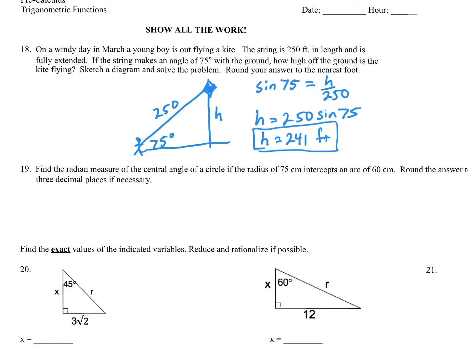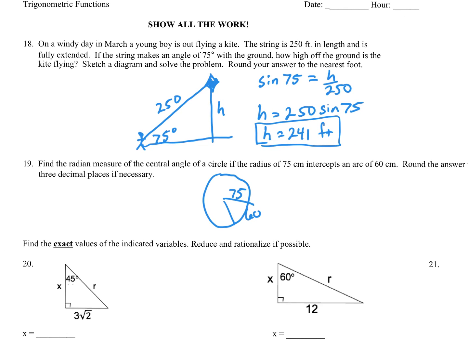19, find the radian measure of the central angle of a circle if the radius is 75 and the arc is 60. So if the radius is 75 and this is 60, round your answers to 3 decimal places, and they want radians. So we want the formula for arc length, which is a proportion. So it's theta divided by 2 pi must equal the arc over 2 pi r, the entire circumference.